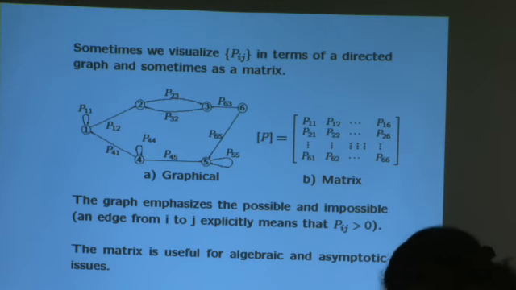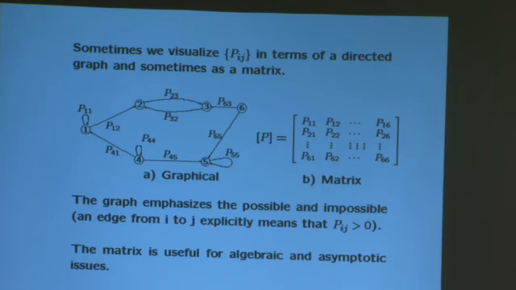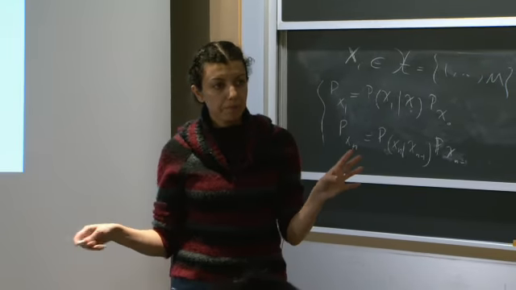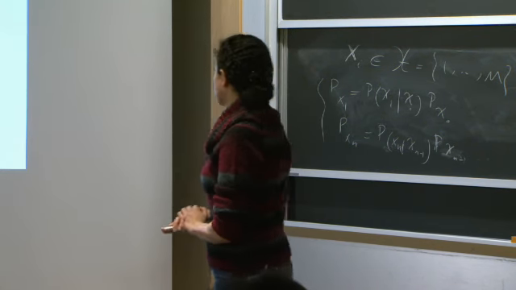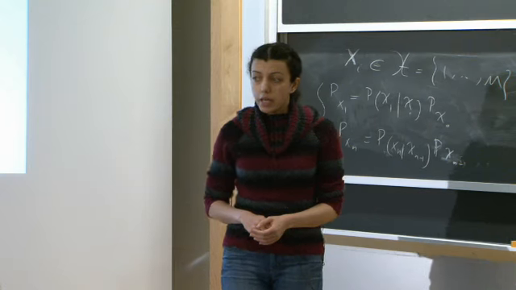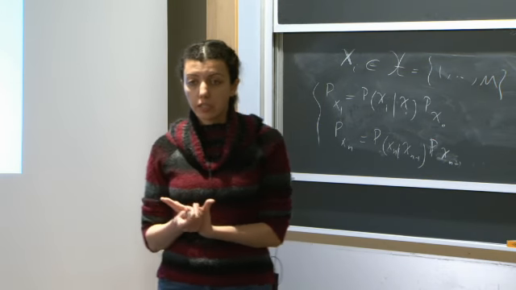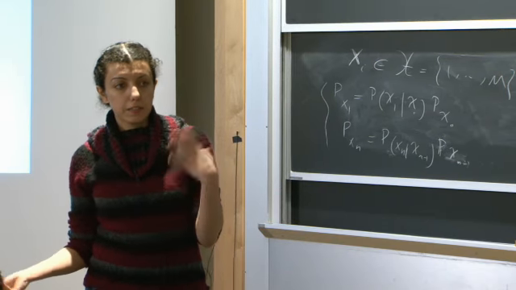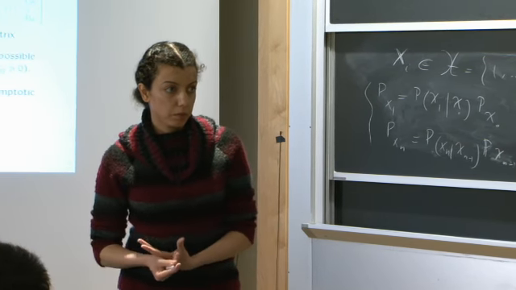The other representation of the Markov chains is using a directed graph, in which each node corresponds to a state, and each arc or edge corresponds to a transition probability. The very important thing about the graphical model is that there is a very clear difference between zero transition probabilities and non-zero transition probabilities.